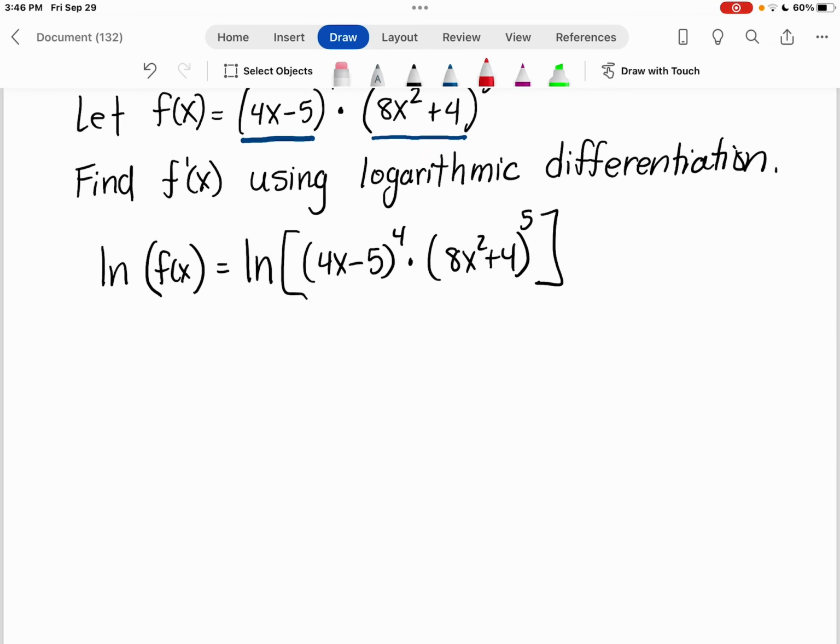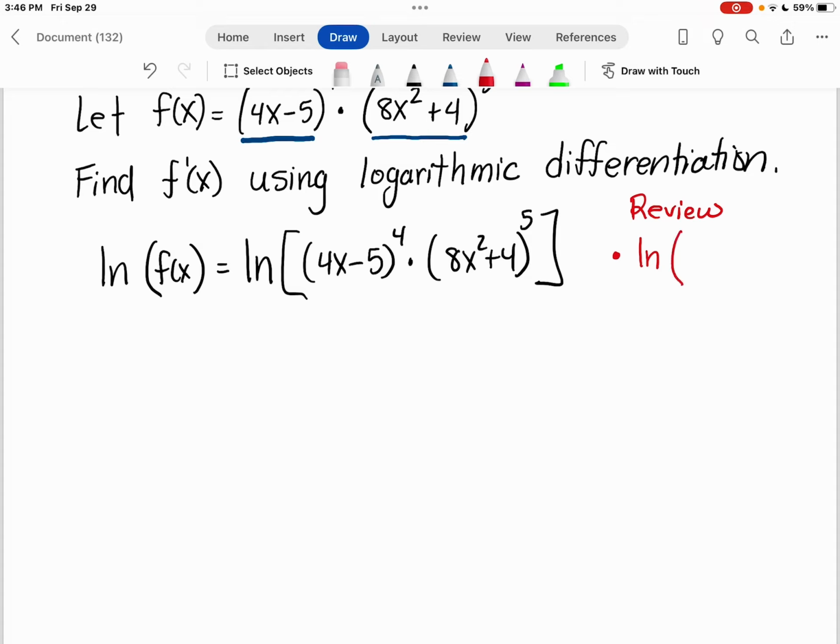So a quick review of properties of logarithms. One property that we're going to use now is, if you have the natural log, and this works with logs of any base, but we're using natural log here, just keep in mind that this can be used for any base.